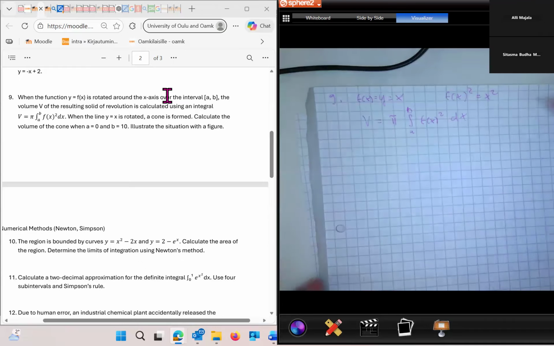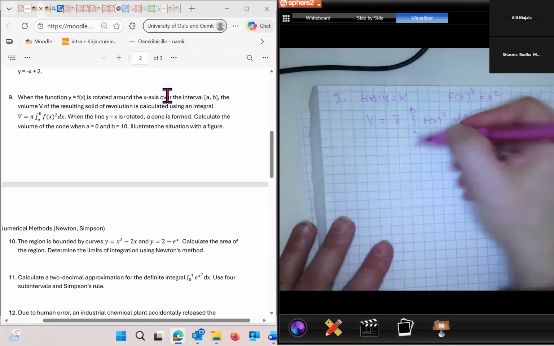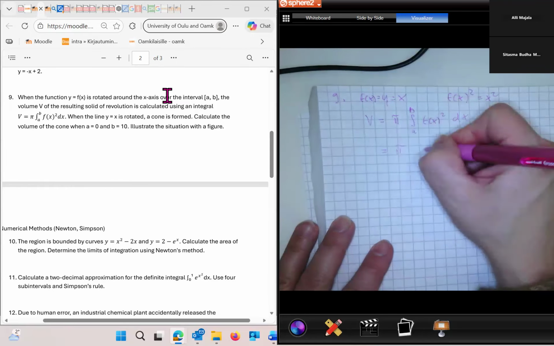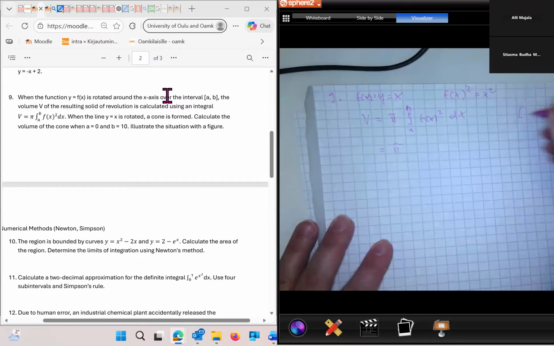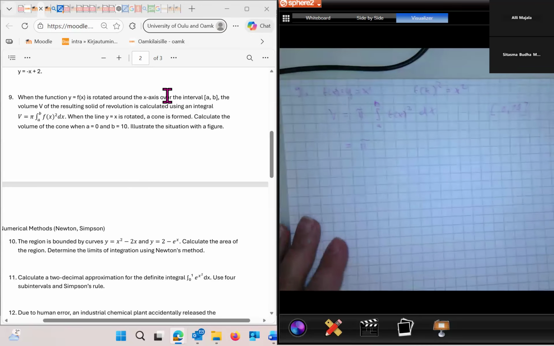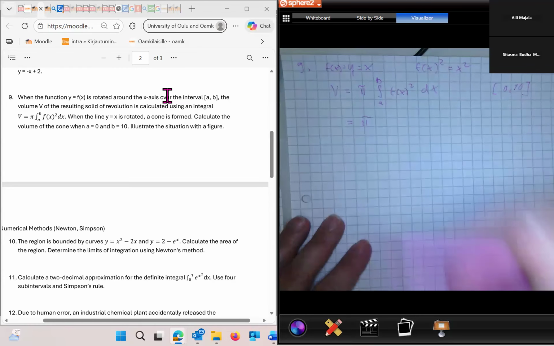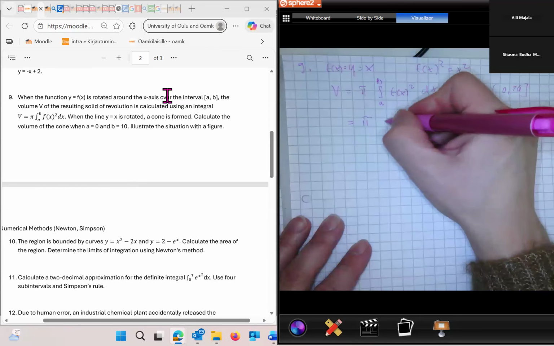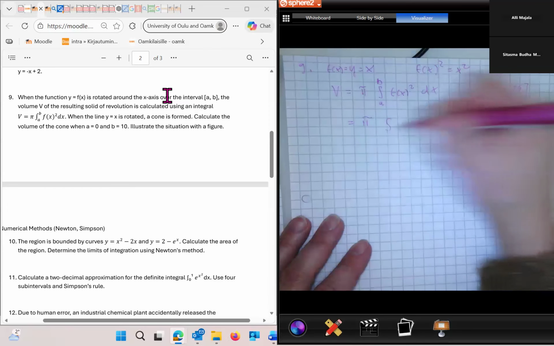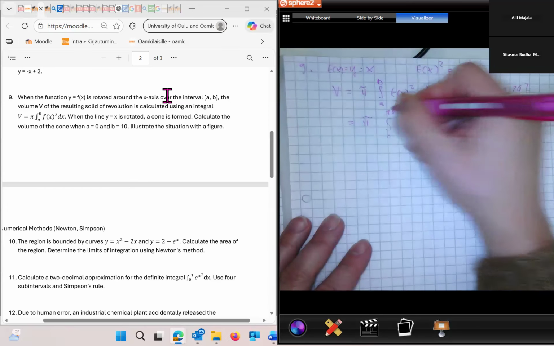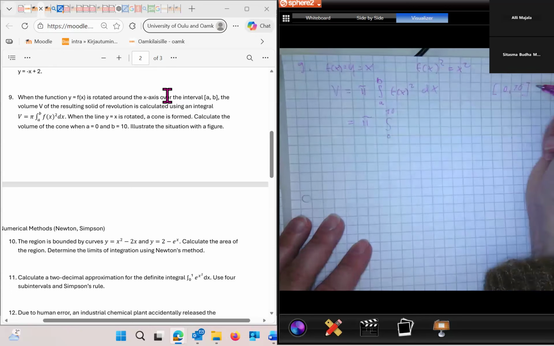And then I just have to form the integral and calculate it in a range of 0 to 10. It sounds a bit complicated, but the actual calculation is super simple.